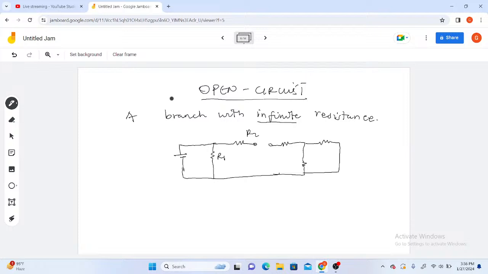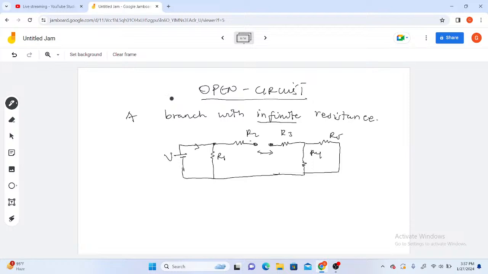So R1, R2, R3, R4, R5, right? This is a voltage source. Current is going to flow this way. Upon reaching here, the current is going to sense that in this branch, you can clearly see that this side and this side are discontinuous. Current cannot jump through the air. You get it? That is what we call infinite resistance. There is no way the current can jump from this to this.